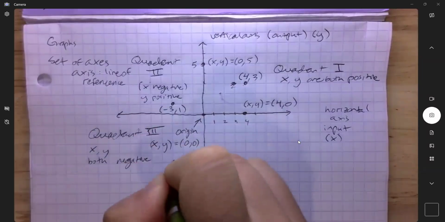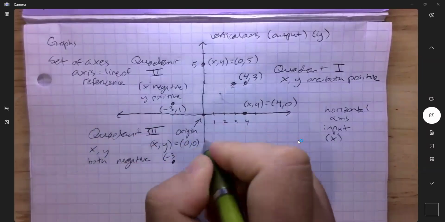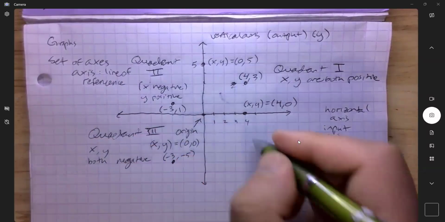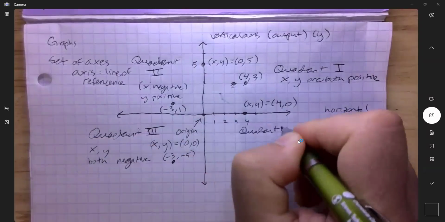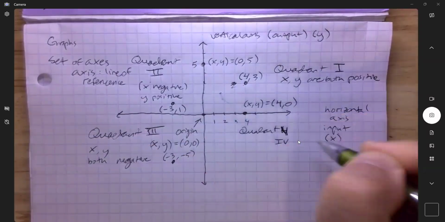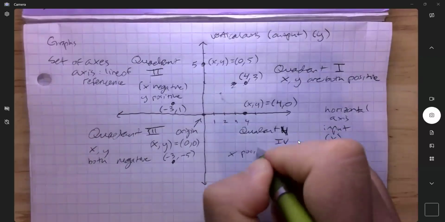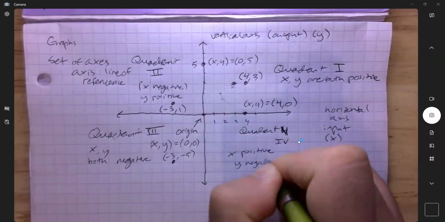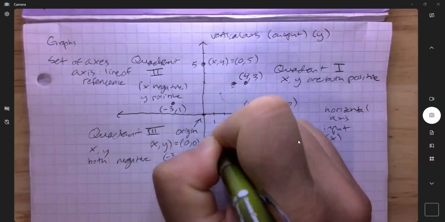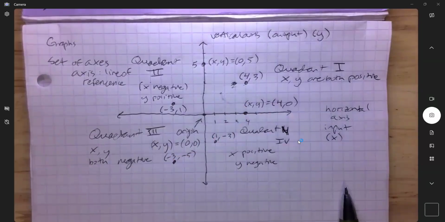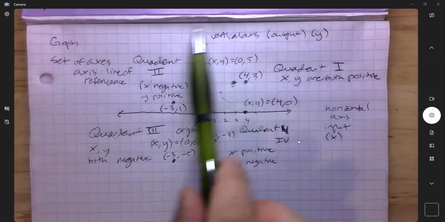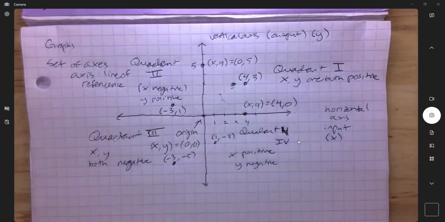So for this point right here, the x is -3, the y is -5. And quadrant 4, or IV, the x is positive, the y is negative. This point right here is (1, -3). Like I said, it got really cluttered really fast. So if you want to review, the best thing to do is watch the video as it flows out and not just try to draw all your information from this one cluttered picture.